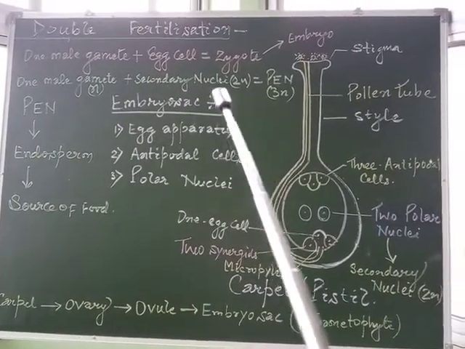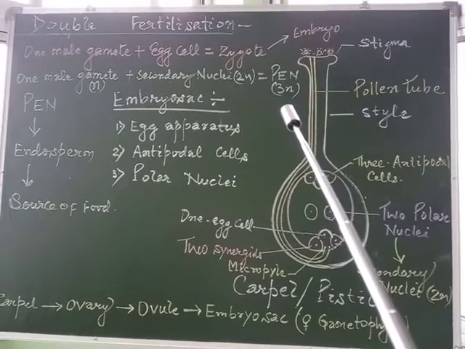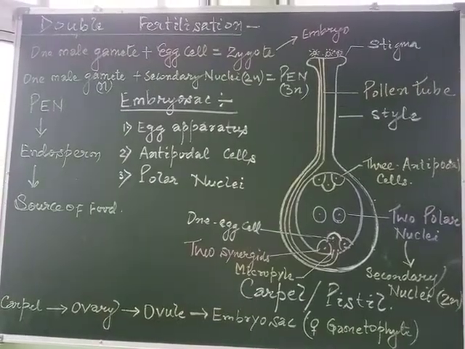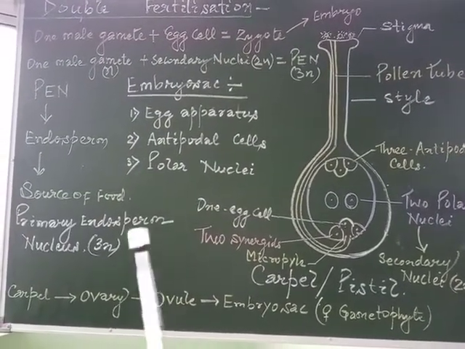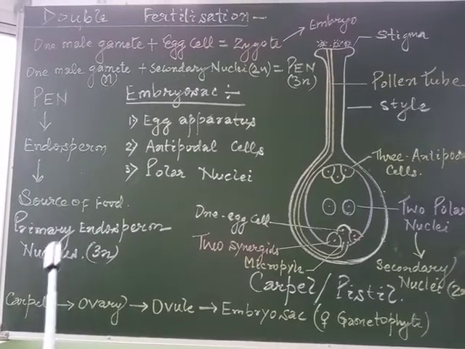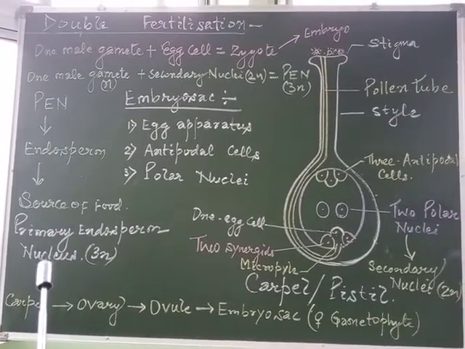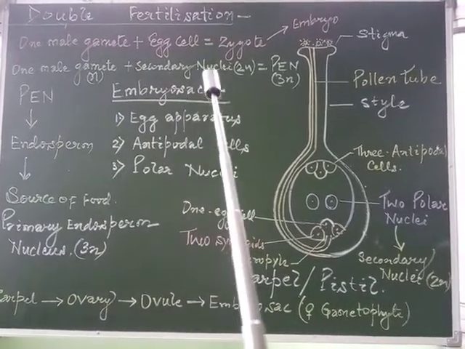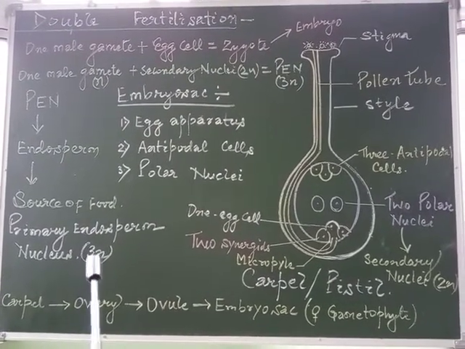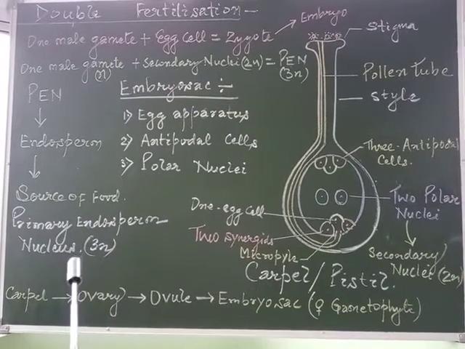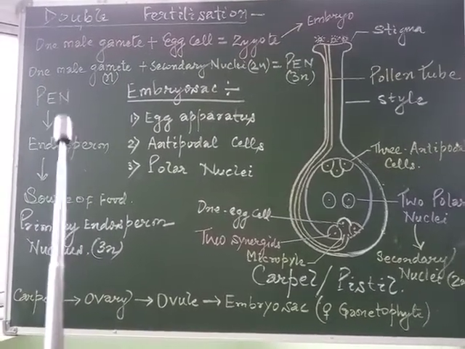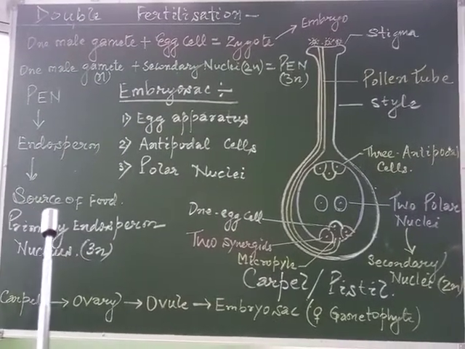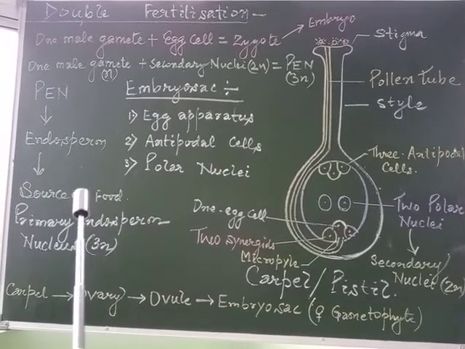It forms a triploid structure which is called PEN, the primary endosperm nucleus, as it has been formed by the fusion of one male gamete with the secondary nucleus. It later forms the endosperm, which serves as a source of food for the developing embryo.